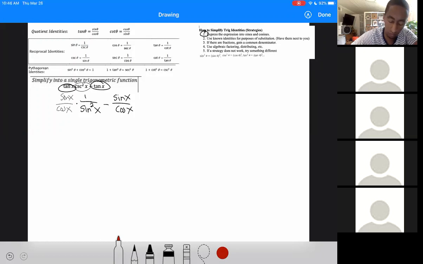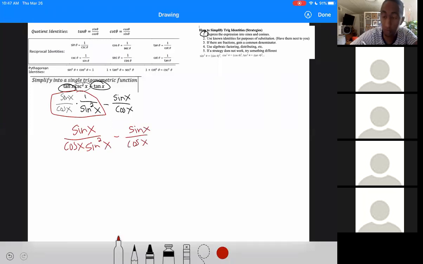Multiply the first two. Okay, so we multiply the first two. We want to keep in mind PEMDAS here, right? You can't subtract before you multiply. So let's multiply the first two. At the top we'll have sine of x over cosine of x times sine squared of x.